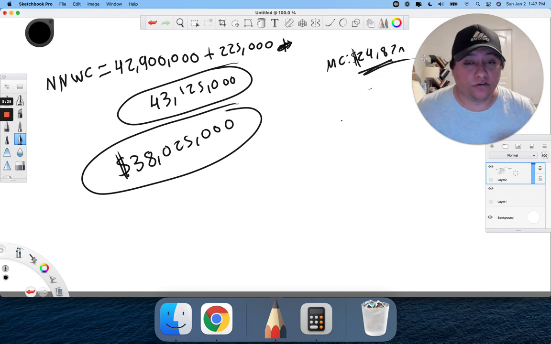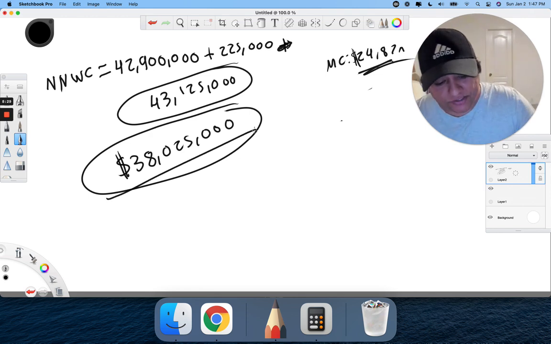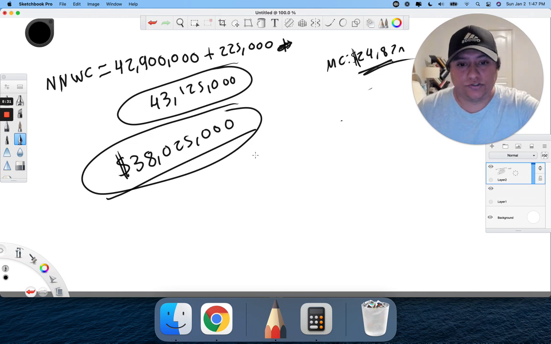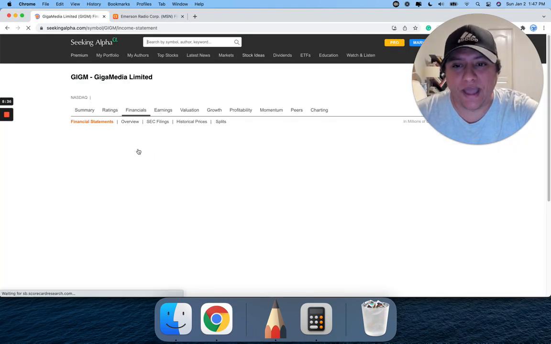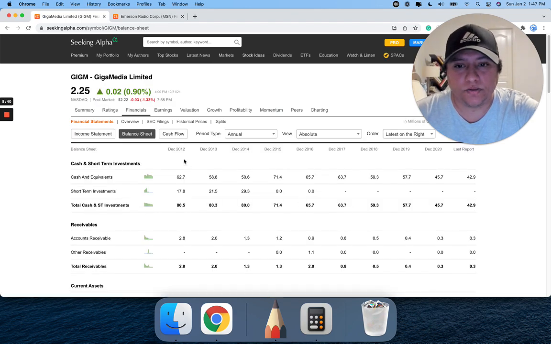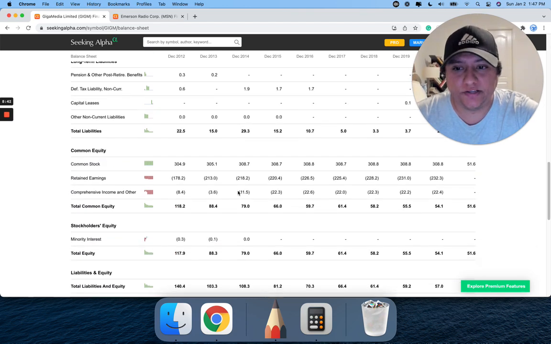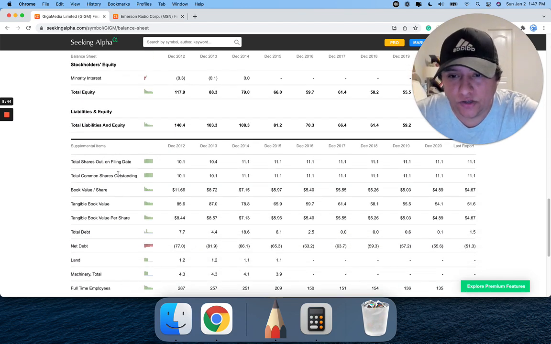Let's grab the per share value. So to do that, we just have to divide by outstanding shares. So we're going to grab this number and divide by outstanding shares. So we're going to go back into their financials. We're going to go to their balance sheet. We're going to scroll all the way down and we're going to see total shares outstanding, total common shares outstanding, total shares outstanding on filing date.